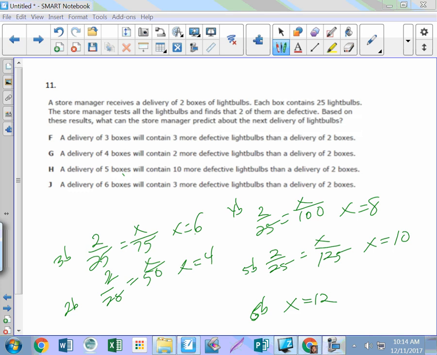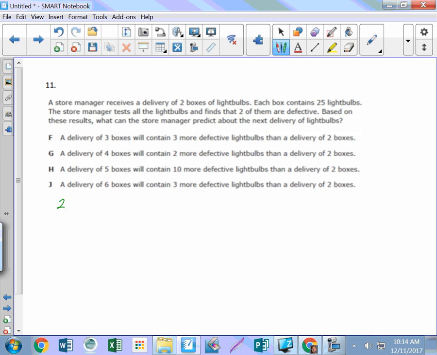Alright, see my issue. This is 2 boxes. There's 2 out of every 2 boxes. So it's 2 out of 50 is 1 box. 4 out of 70. No. So that out of 3 boxes, this is 2 boxes. 3 boxes, so that's 1 out of 25 for each box.